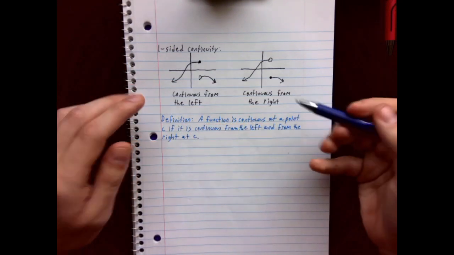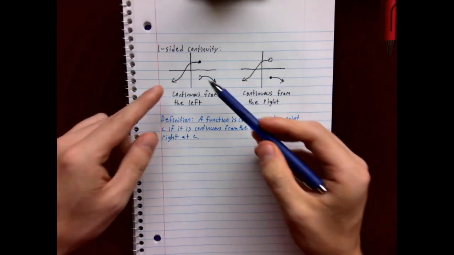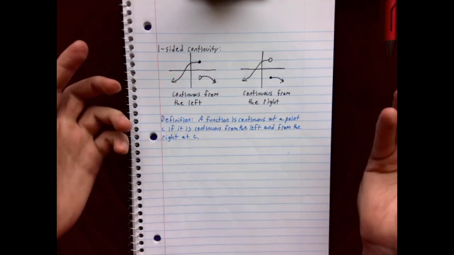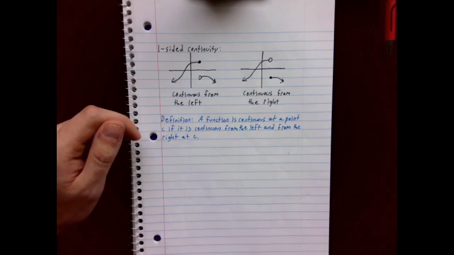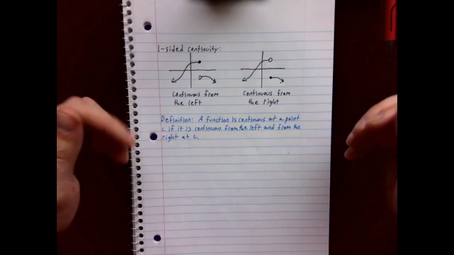Okay, so you hit the expected value of your graph no matter which side you approach from. So that's sort of the intuitive idea of continuity.